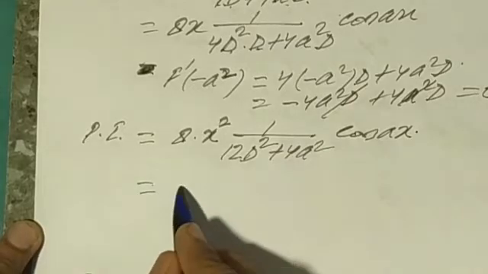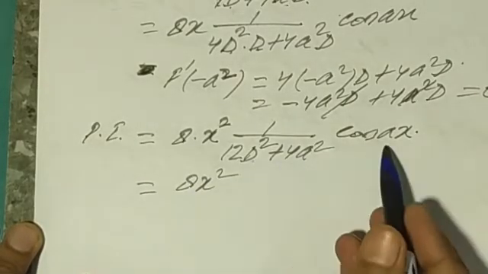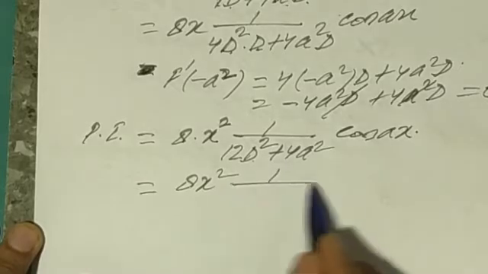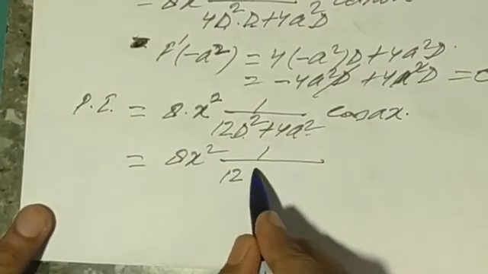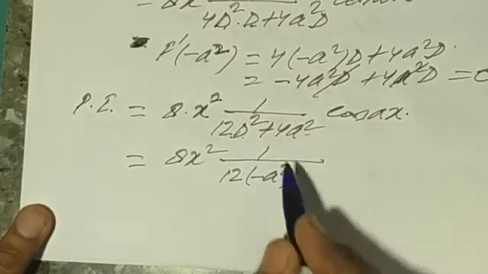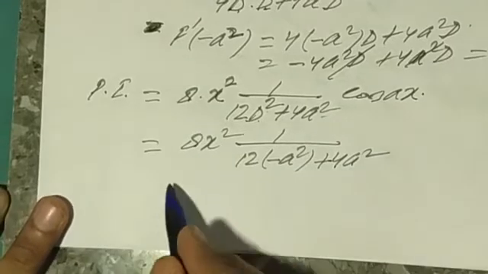So now 8x², and now replacing D² by minus a², and obviously this time this expression cannot be 0.